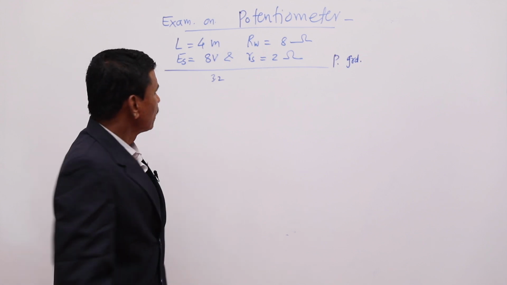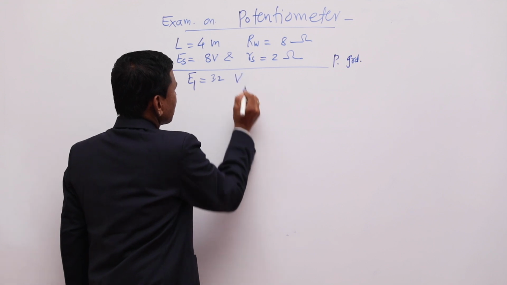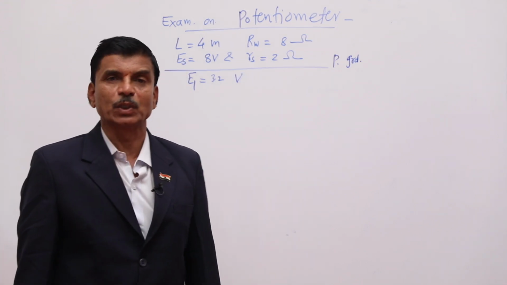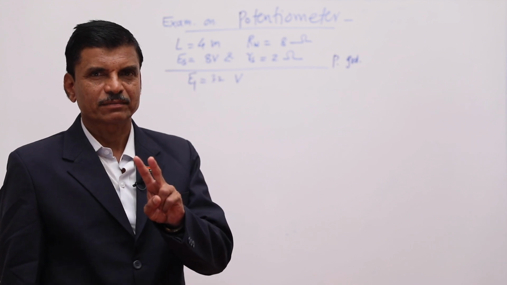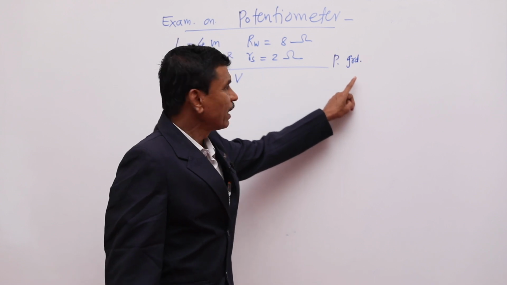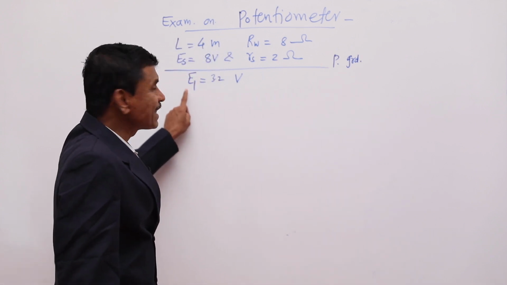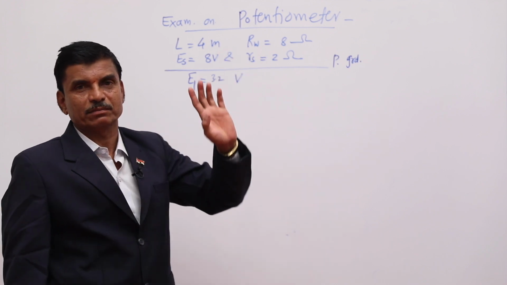Also calculate the balancing length for a cell having EMF 3.2 volt. Two things. First we have to calculate potential gradient and then we have to calculate the balancing length for a cell having EMF 3.2 volt. Okay.